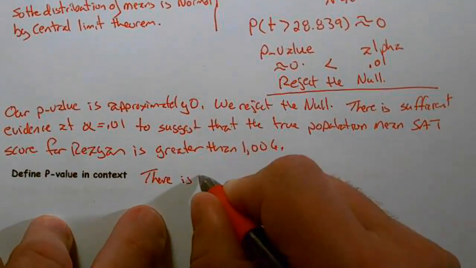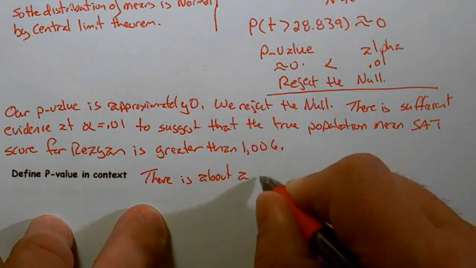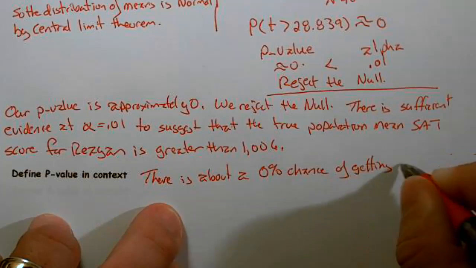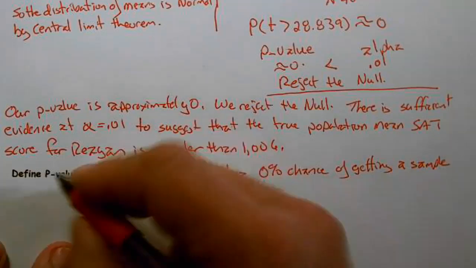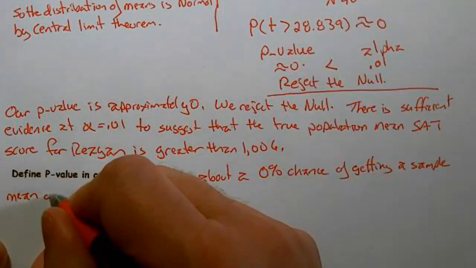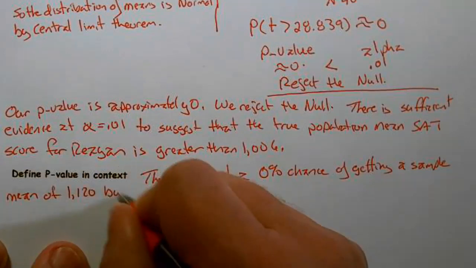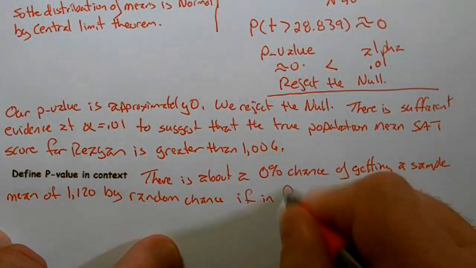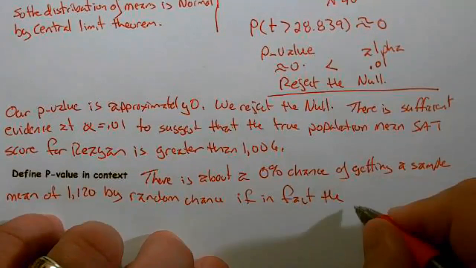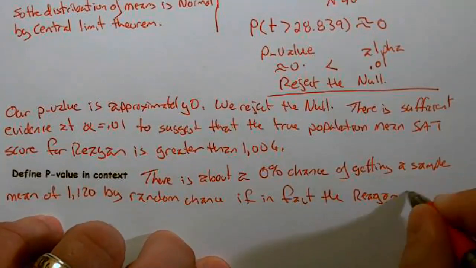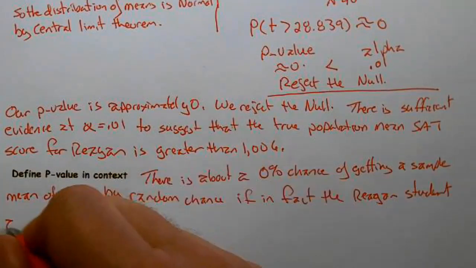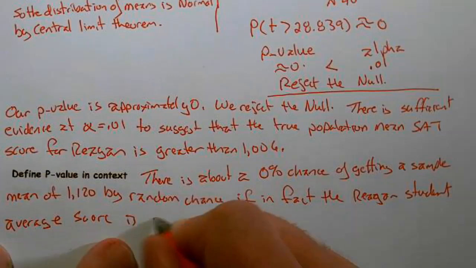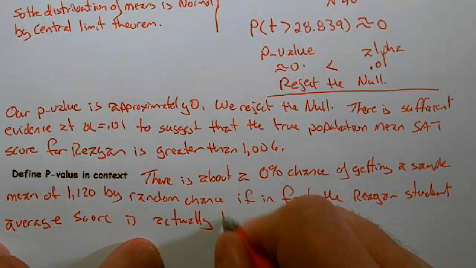there is about a 0% chance, because that's our p-value, of getting a sample mean of 1,120 by random chance if, in fact, the Reagan student average score is actually 1006.